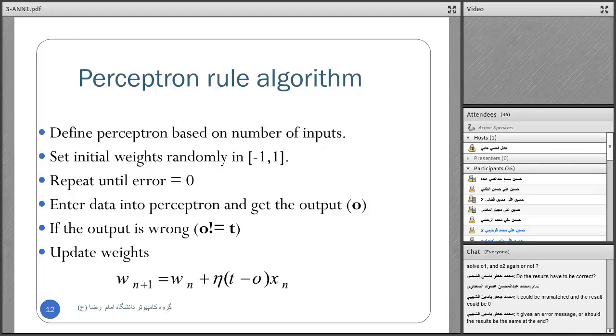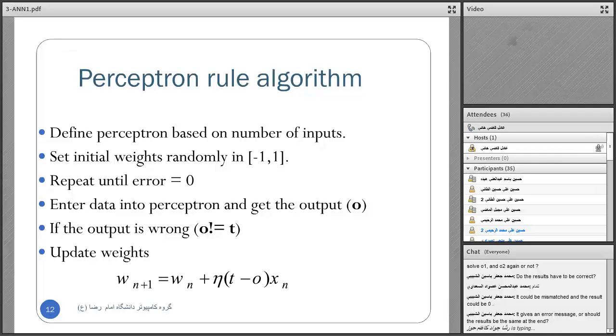What does this error mean? It means that we should get the output of all of the data and then compare it to the target output. If all of them are equal to the target output, then the error is zero. So in this loop, we are calculating the error in each iteration.